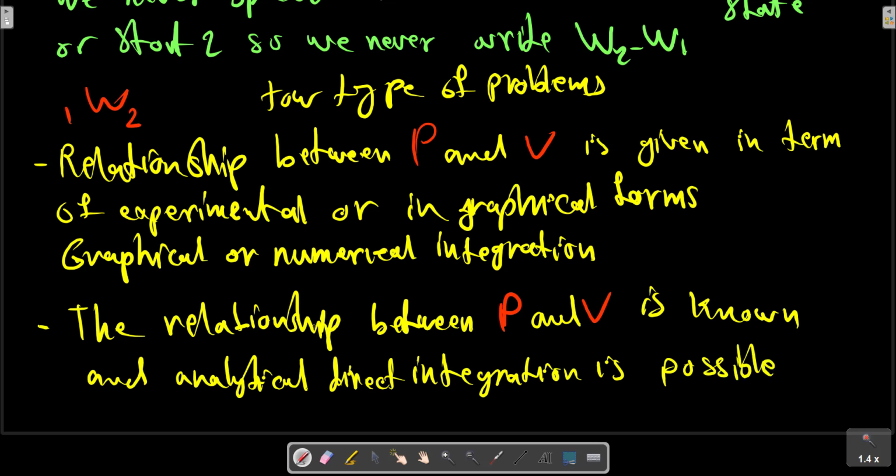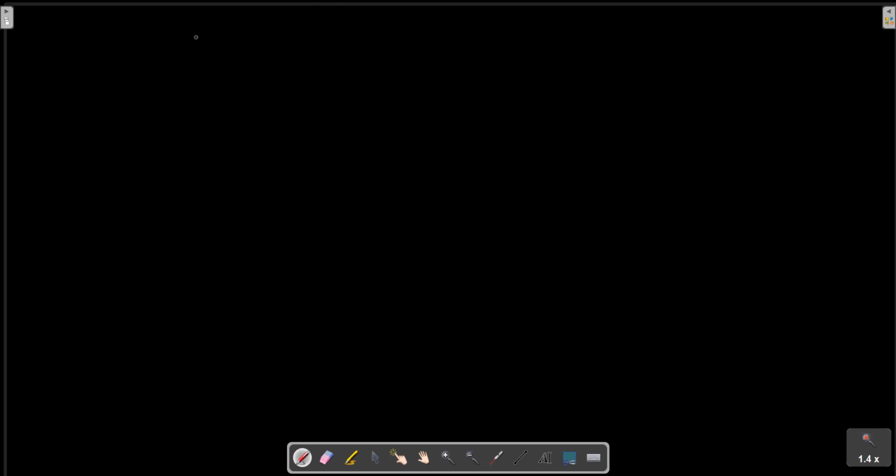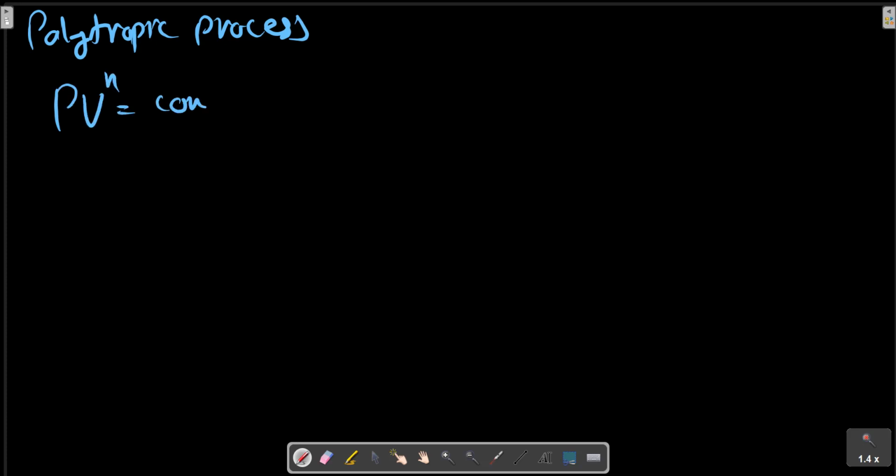So these are the two types of problem. One common example of a relation between P and V is a process called a polytropic process, in which PV^n equals a constant.